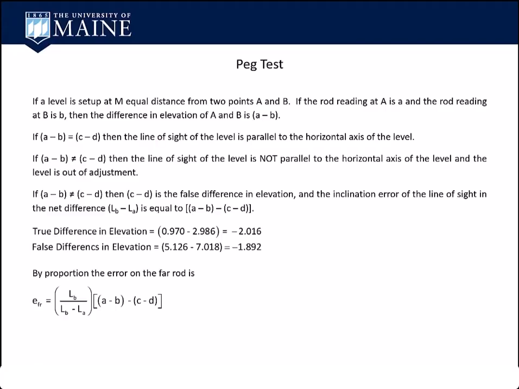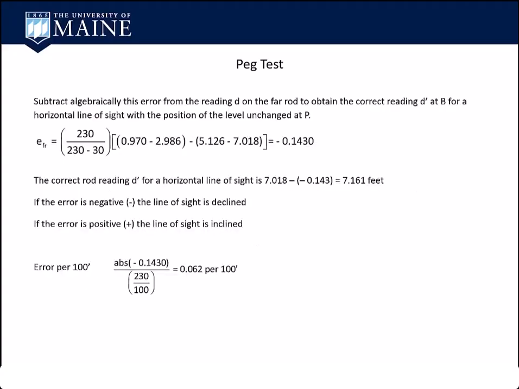And the false is going to be the unbalanced readings. So again, we proportion the error, and you can work with the far rod. And you're going to calculate out what the error on the far rod is. So there's our error in the far rod.